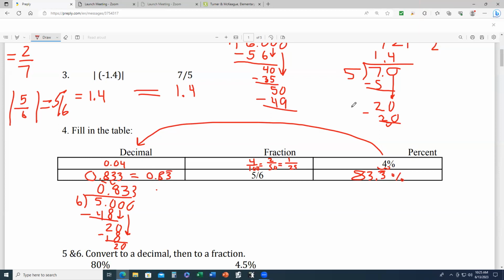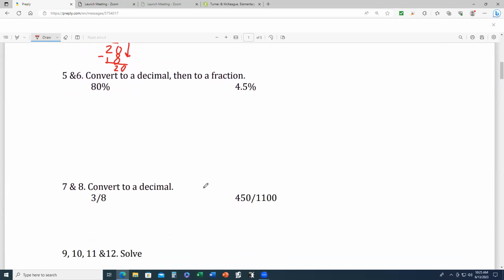Okay. Number 5 and 6. Convert to a decimal, then a fraction. How do we convert this to a decimal? 80%. How do I move my decimal point?